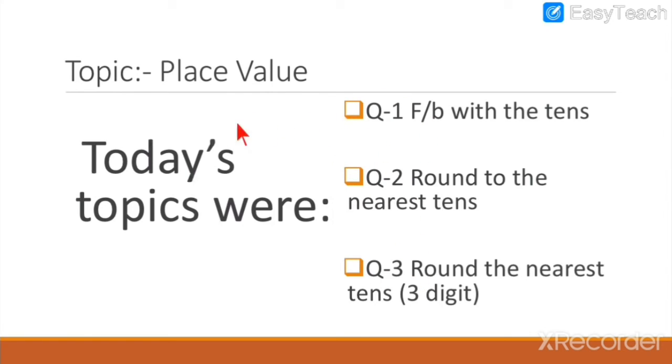The first topic, first question, is fill in the blanks with the tens. They give a between digit, and we write the before tens and after tens. This is our question number first.